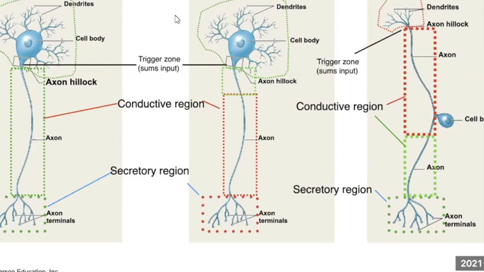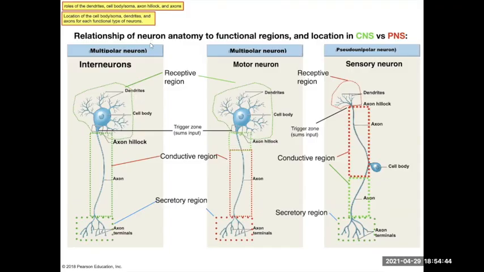And then your so-called secretory region, where you're going to transmit the neurotransmitter, like acetylcholine, is going to be in your central nervous system here. It's going to be out on the muscles for your motor neuron, out in the periphery. And this one has entered the spinal cord to talk to mostly other interneurons.